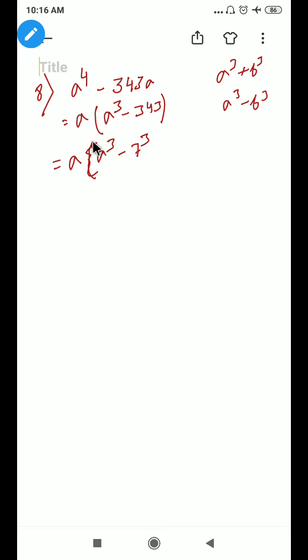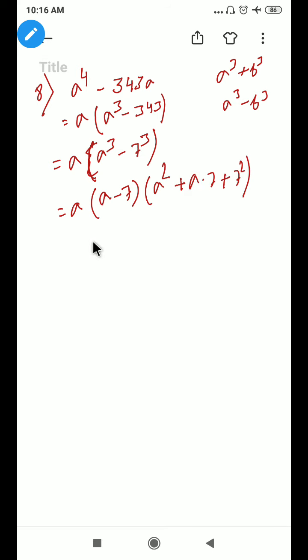So this is of the form a cube minus b cube. Now use the formula: (a minus b)(a square plus ab plus b square). Now solve it: a into (a minus 7)(a square plus 7a plus 49). So this is our answer.